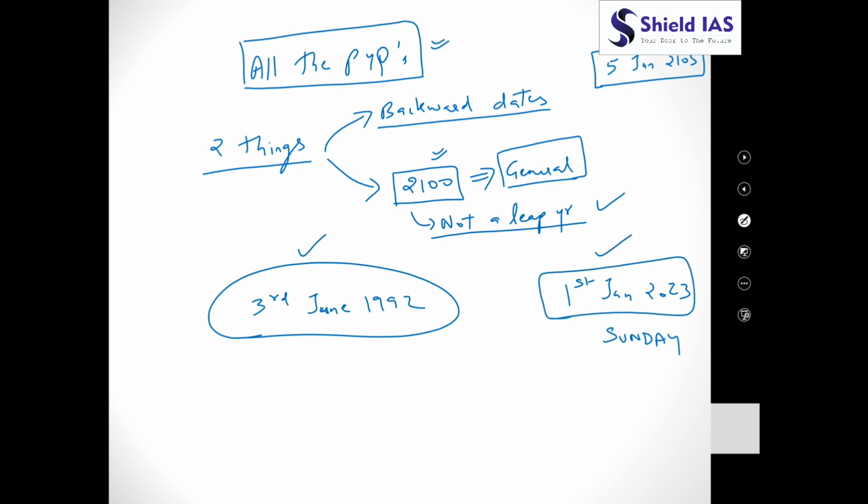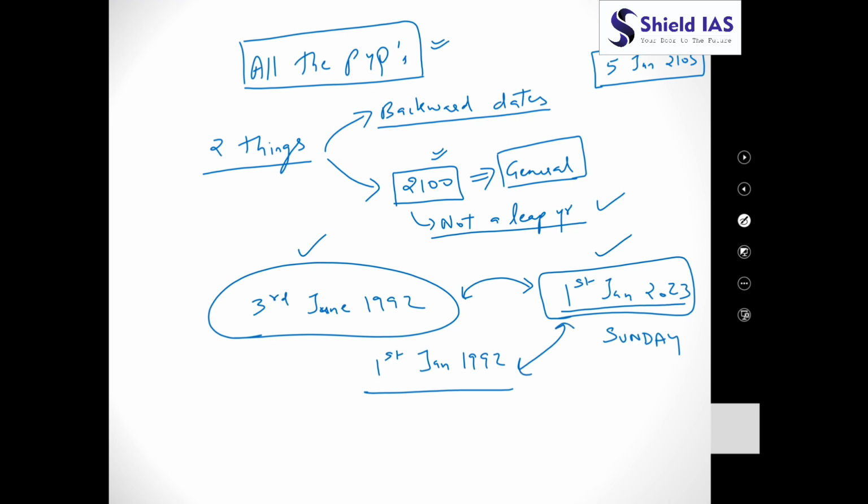So not much has to be changed while solving this question. The solution would always remain the same, wherein we'll be calculating how many days. We'll go to, let's say, 1st January 2023. We'll be going backward till 1st January 1992.